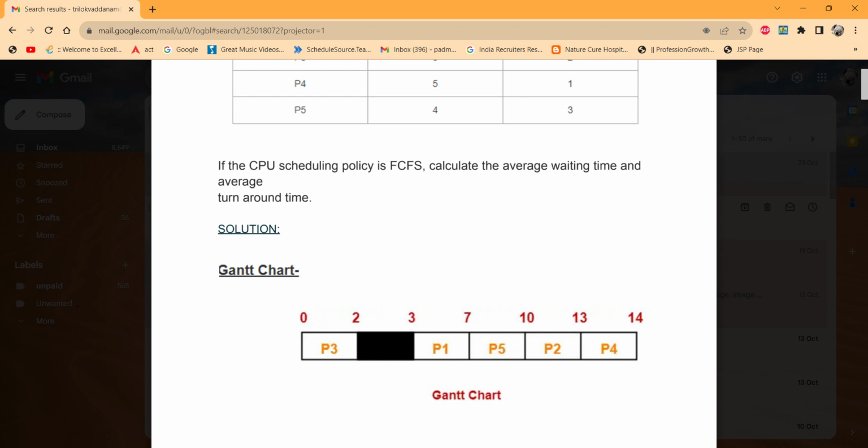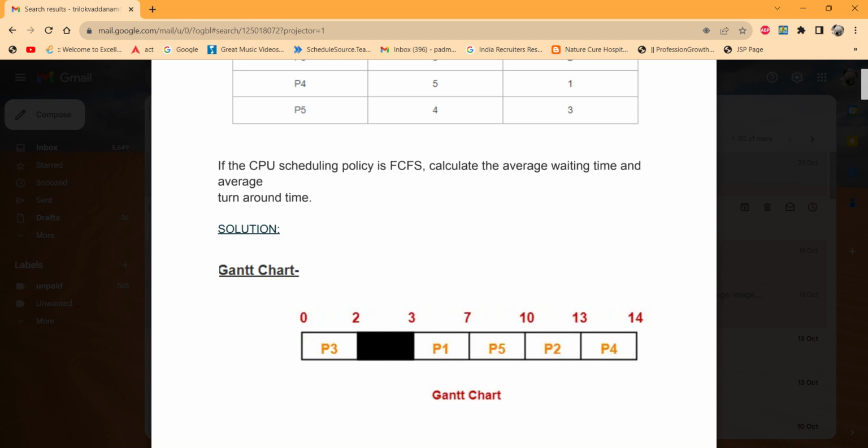So in the Gantt chart, it is marked as blank space, which means that the CPU is idle. It is not working with any of the processes. My dear friends, be clear.